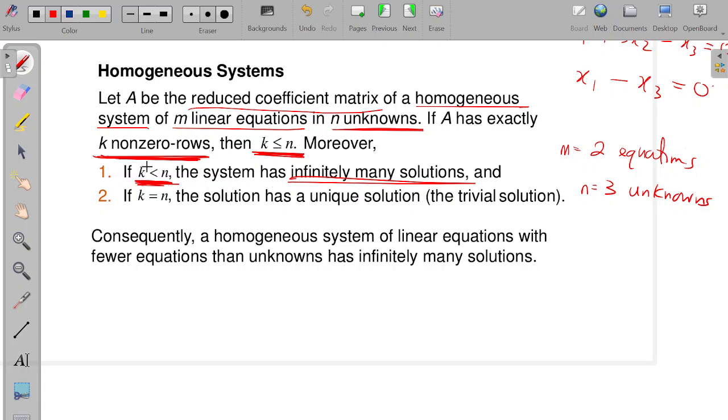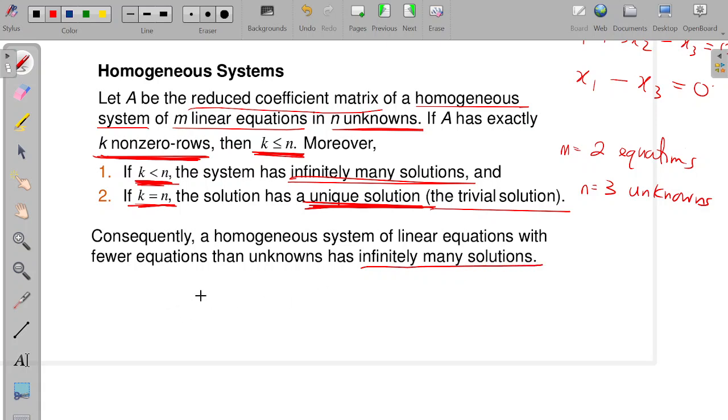So if the number of nonzero rows is less than the number of unknowns, we have infinitely many solutions. But if they are equal, the solution is unique. You could also have a trivial solution. Consequently, a homogeneous system of linear equations with fewer equations than unknowns has infinitely many solutions.